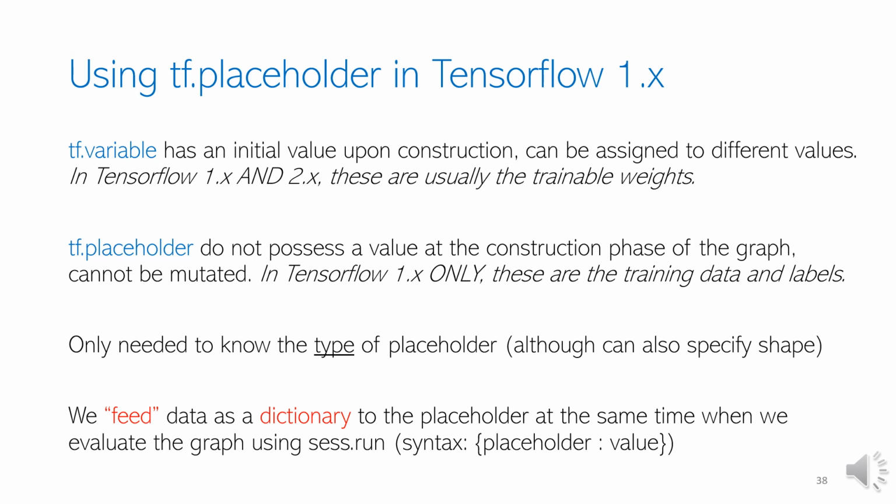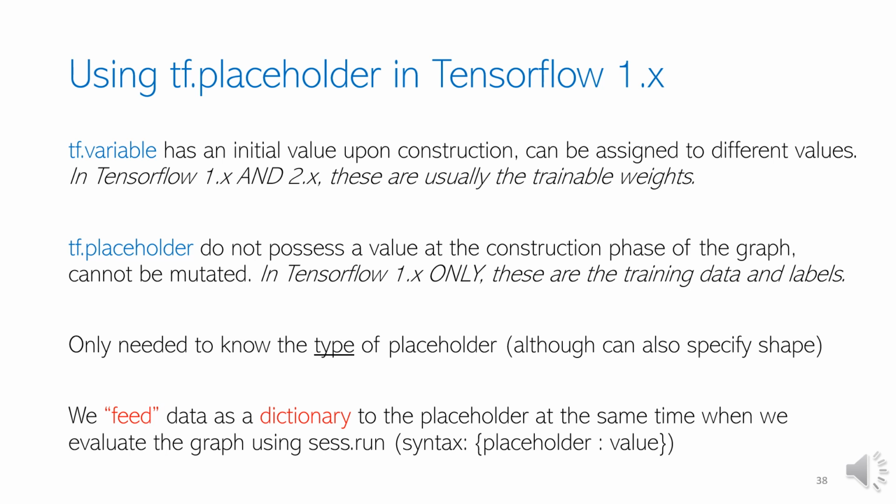Note that we only need to know the dtype of a placeholder. And as I said, we feed data as a dictionary to the placeholder at the same time when we evaluate the graph using session.run. This is typically the syntax we use. We say session.run, some node in the graph, and we add this dictionary that contains placeholder names and values.